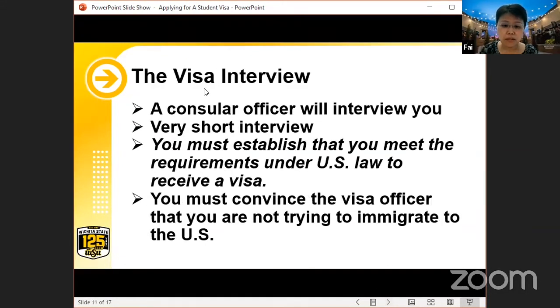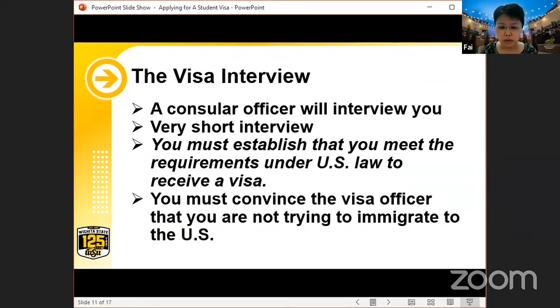Now, during the visa interview, the consular officer will interview you. And the interview is going to be very, very short, probably just 2 minutes, but it could be a long wait time. Also, during the interview, what you need to do is to establish that you meet the requirements under the US law to receive a visa.